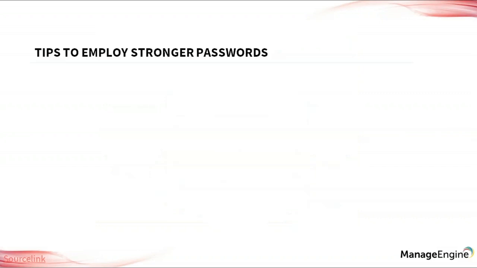Now, we do have a few tips that we can employ to set up stronger passwords. The first tip is adopt the 8+4 rule. The 8+4 rule is basically use uppercase characters, lowercase characters, numbers, and special characters, but ensure that you mix and match them to create a strong password pattern.